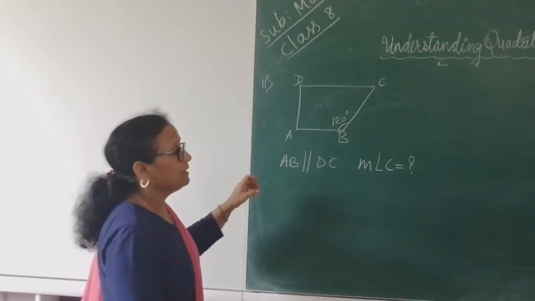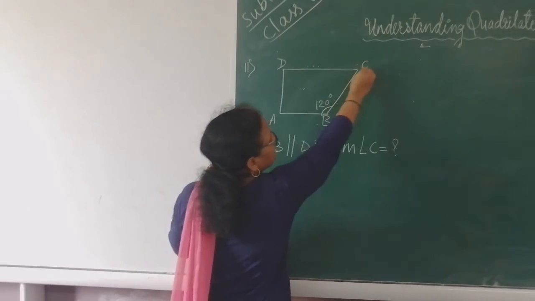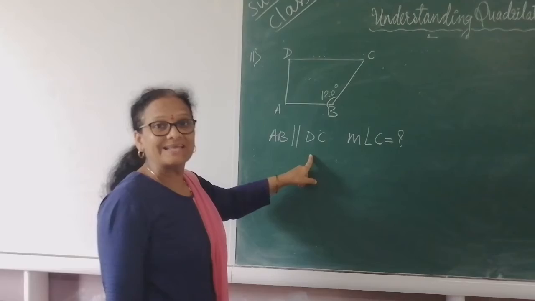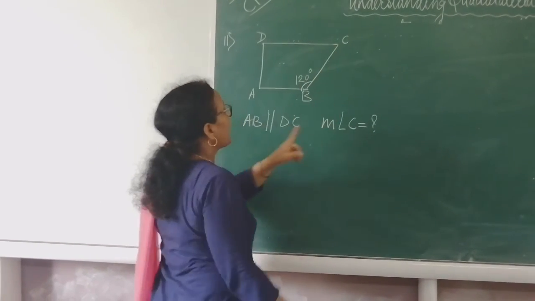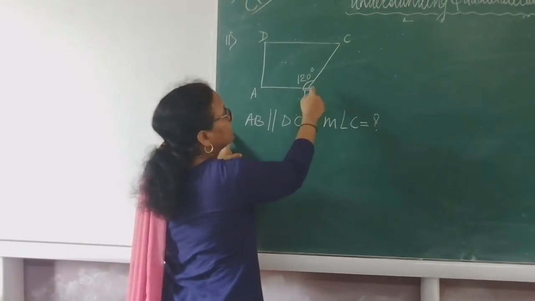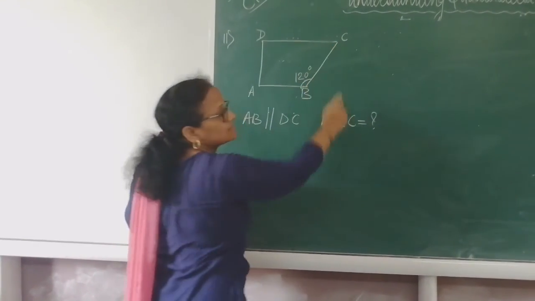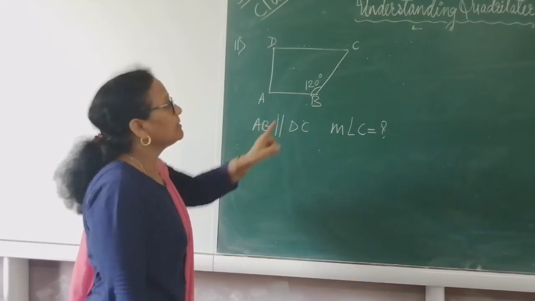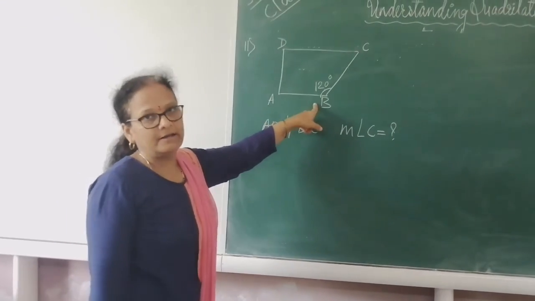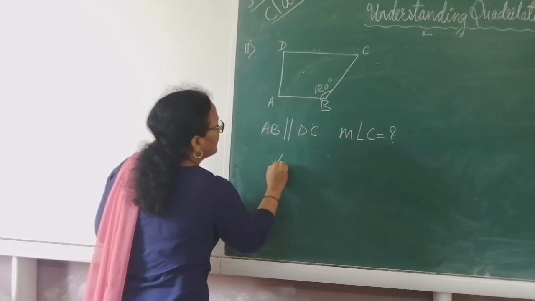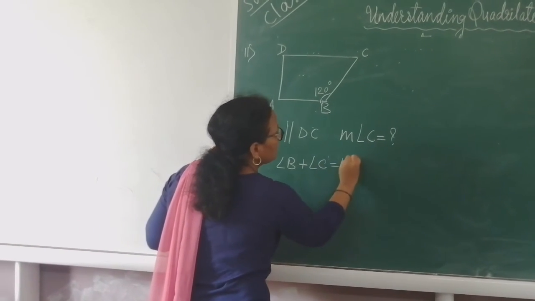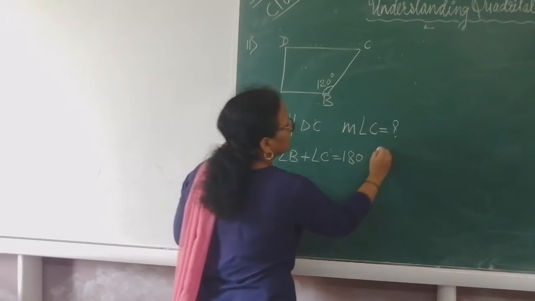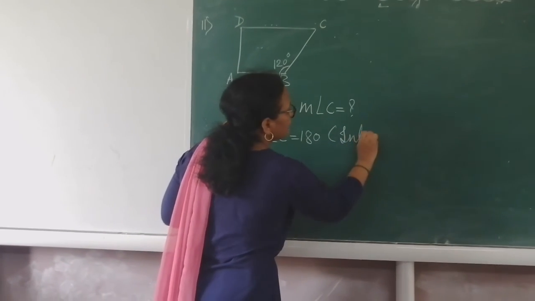Now here in this sum, AB and DC are parallel to each other, given, and we have to find out the measure of the angle C. As they are parallel to each other, angle B and C are supplementary angles because they are interior angles. So here we have to write angle B plus angle C is equal to 180 because they are interior angles.